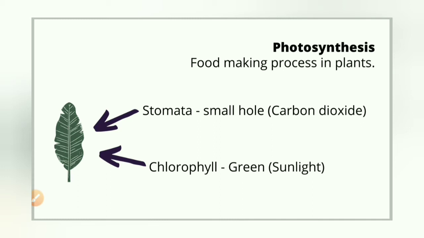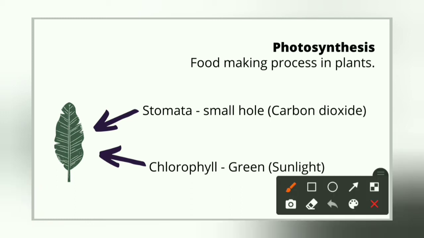The other thing is chlorophyll. Chlorophyll is the green pigment. Pigment means color. Chlorophyll is the green color present in the leaves, and this green color absorbs sunlight. So these two things are most important in order to make food on their own. So remember these two terms, stomata and chlorophyll.